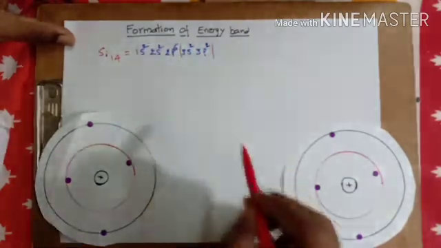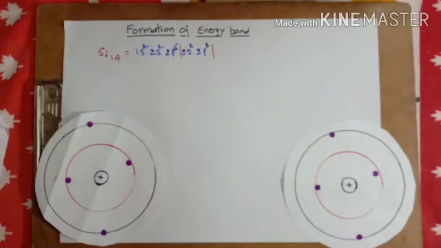So 3s2, 3p2 forms the outermost shell, and the electrons in the 3s orbital and 3p orbital are called the valence electrons.